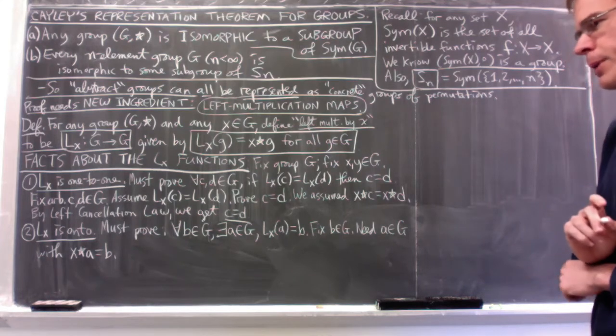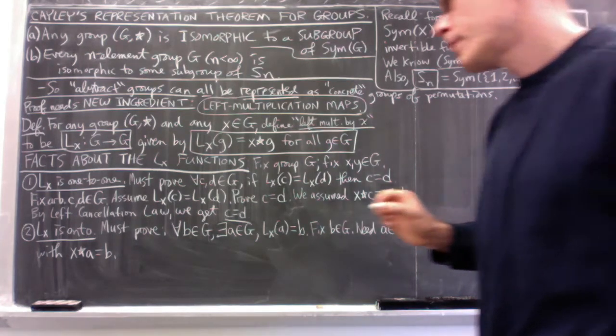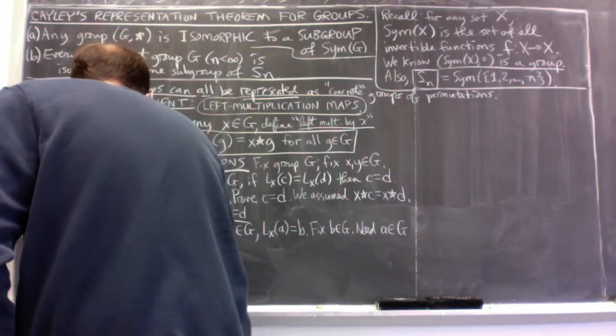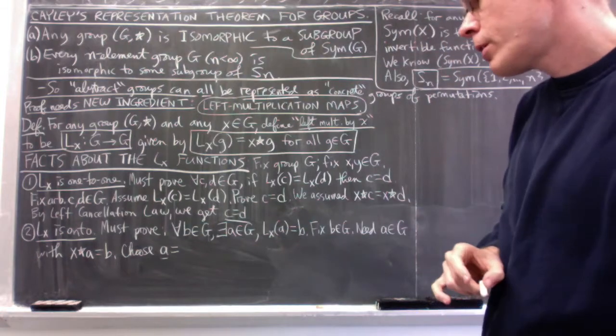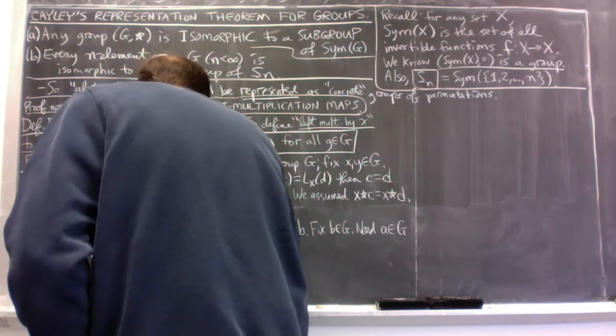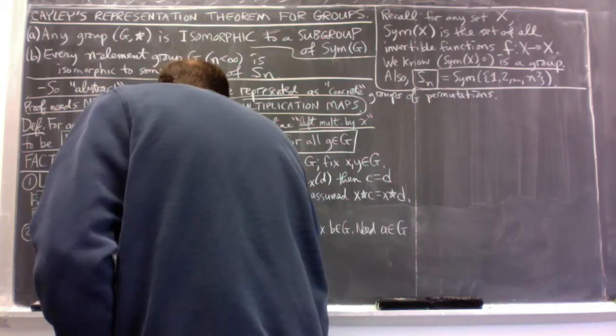A is the thing we have to pick here. X is fixed. What are we going to pick for A, where X and B are fixed? Well, try x inverse star B, which is in G.